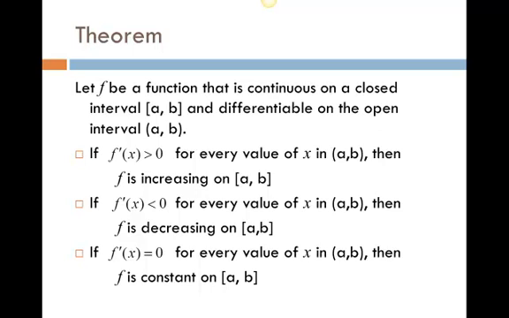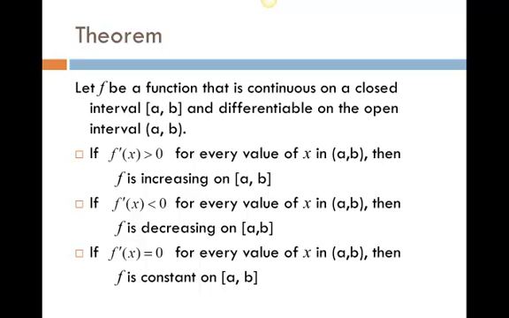The first derivative tells us what the slope of the tangent line is. It tells us what the instantaneous rate of change is. And if that instantaneous rate of change is always positive, it means your function is increasing, right? So our first derivative is telling us the rate of change, and from that we can deduce whether the function is increasing, or as the next point points out, whether it's decreasing, right?